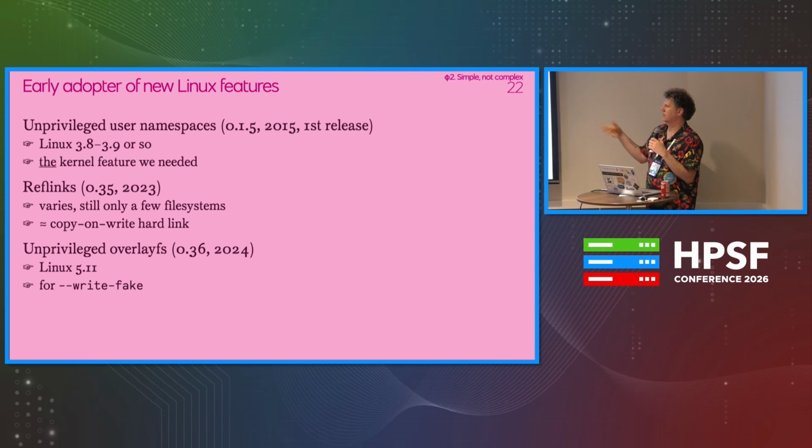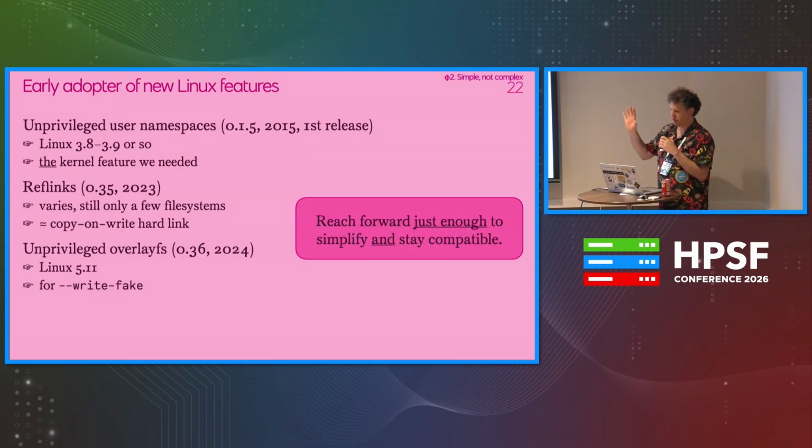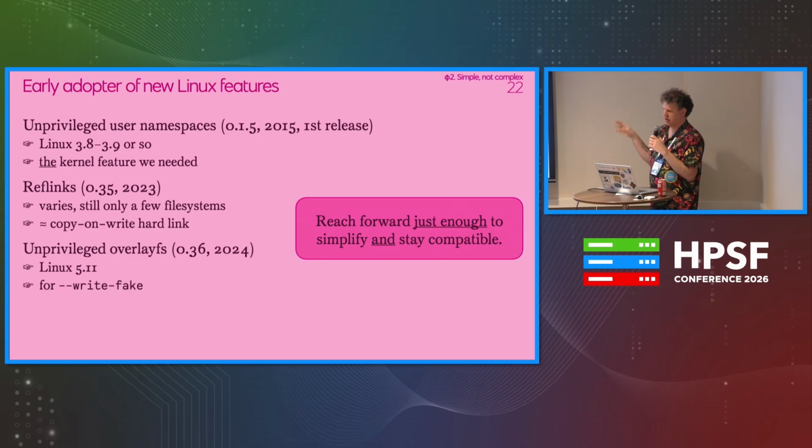And this enables things like a SquashFS image, which is a read-only format, but it looks writable. That's cool. And the thinking here is that we want to reach forward just enough to get that thing that simplifies whatever, but still remain compatible, right?